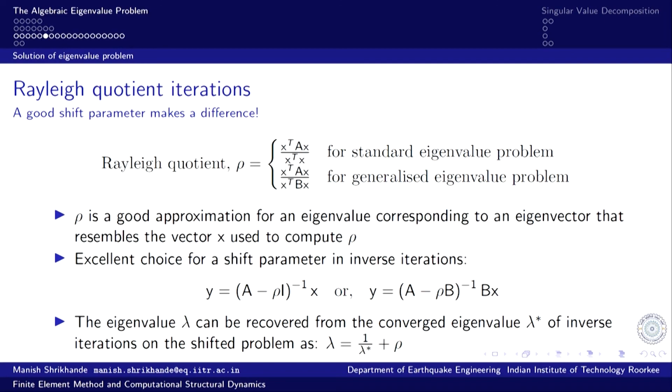So, that is the Rayleigh quotient iteration, and that converges very quickly, and that is a very handy tool for computing eigenvalues and eigenvectors if we have some idea of the shape of the eigenvector that we are looking at.